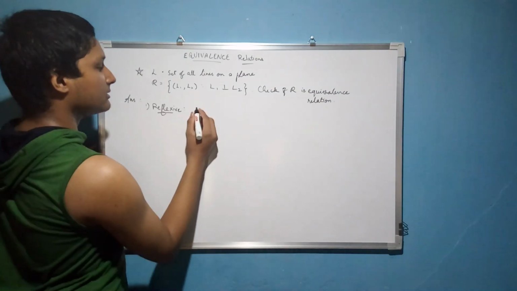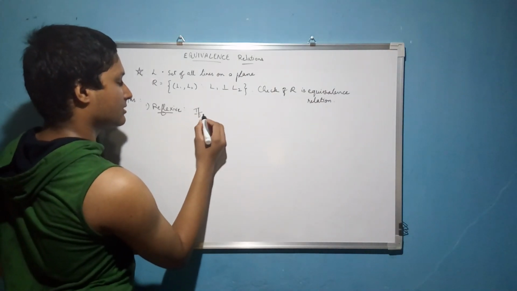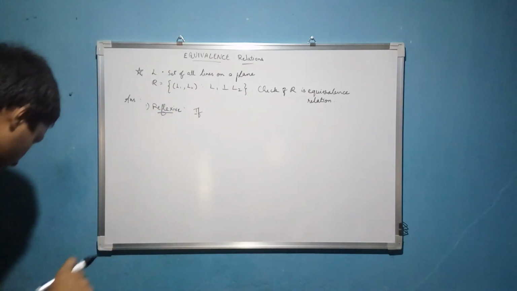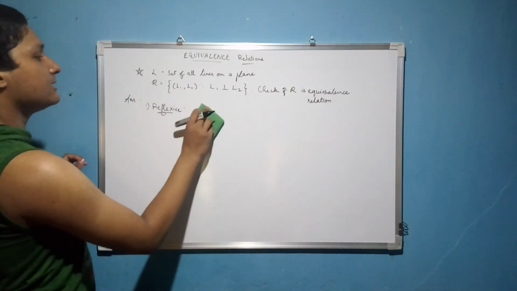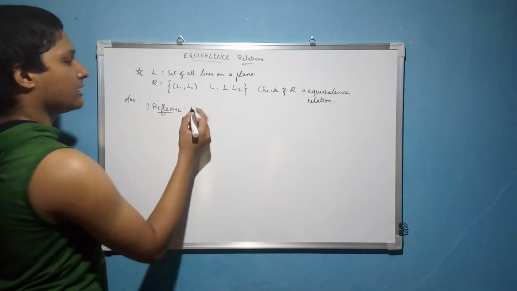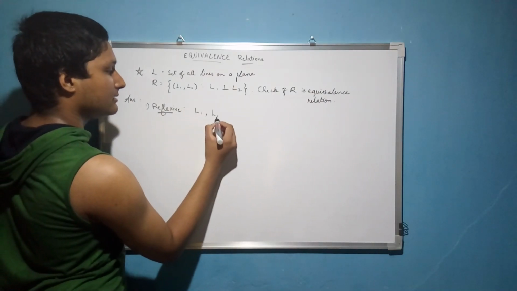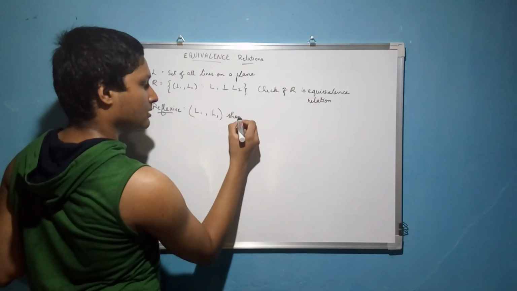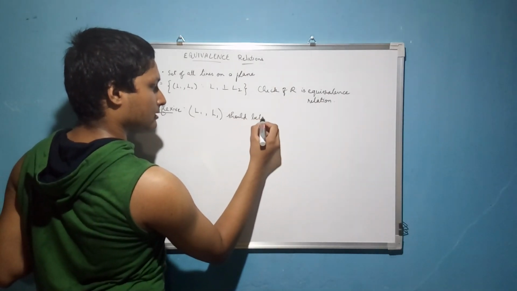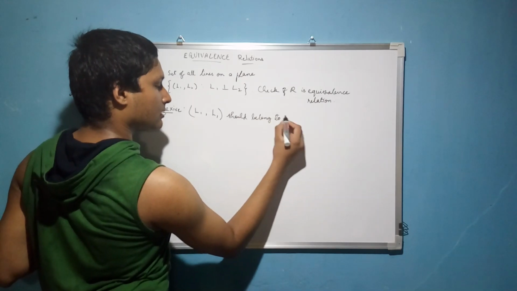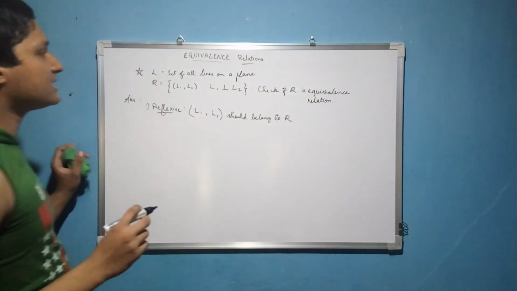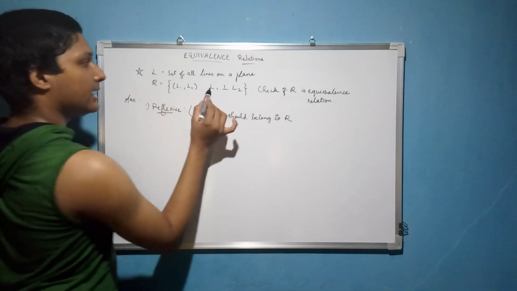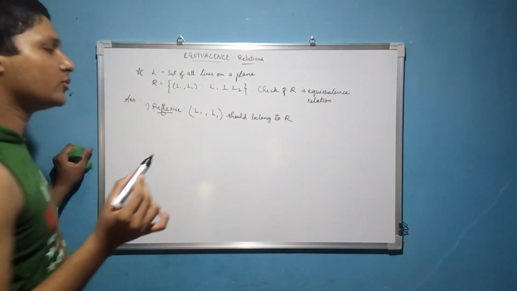If it is reflexive, (L1, L1) should belong to R. So what is the relation? L1 is perpendicular to L2.